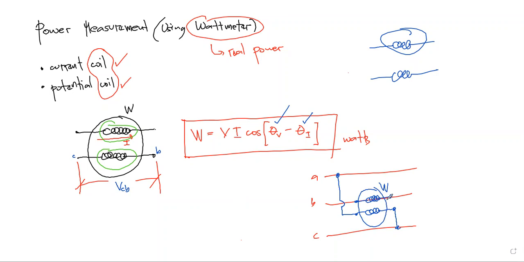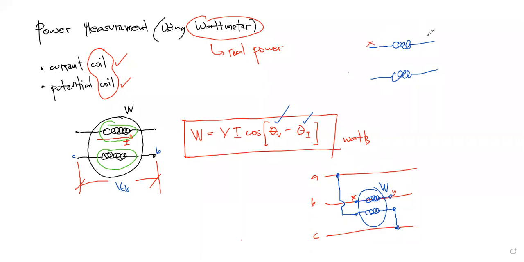Okay, so again, what will happen if we reverse the current coil? For example, this would be the current coil, and let's say this is terminal X and this would be terminal Y of the current coil.